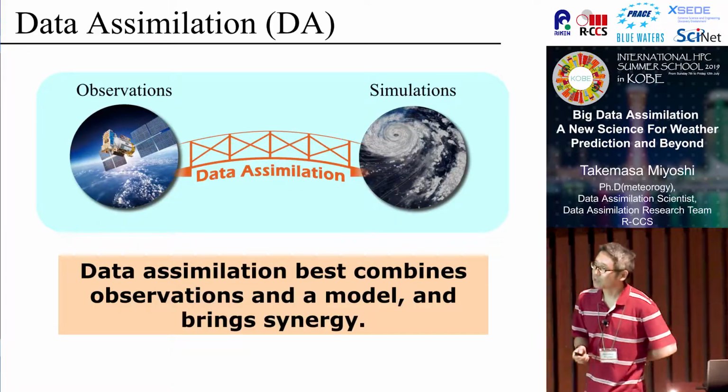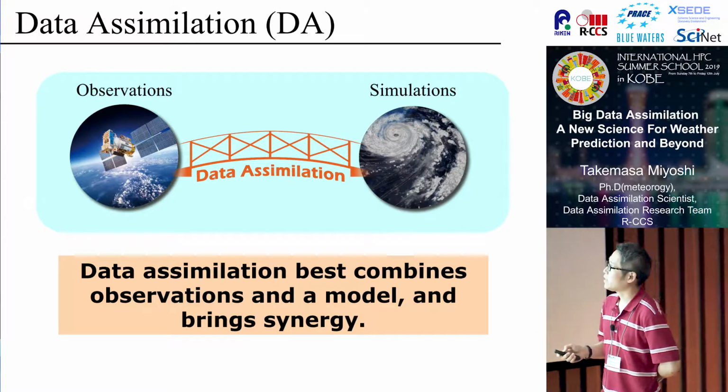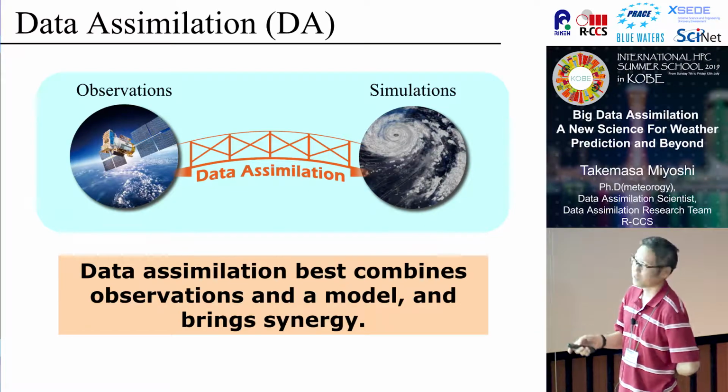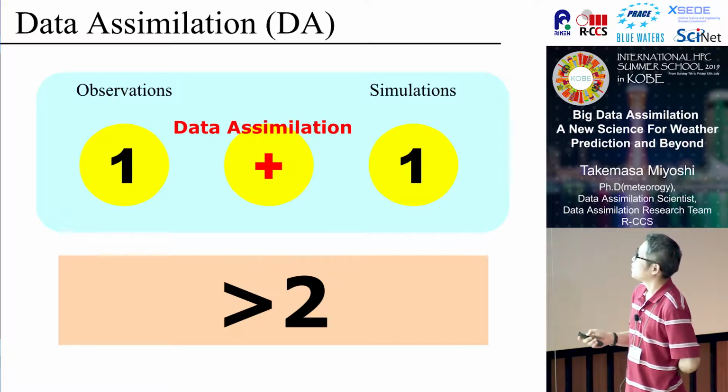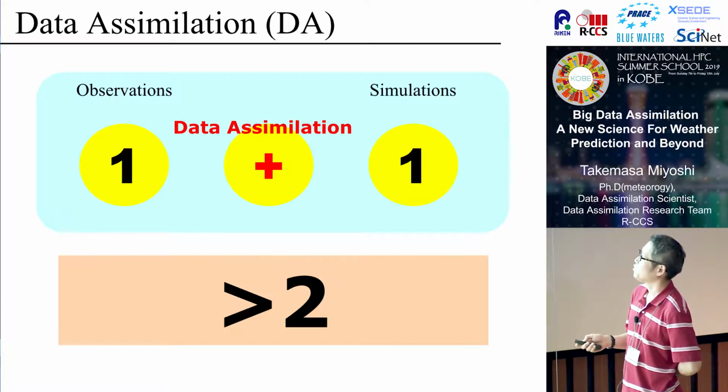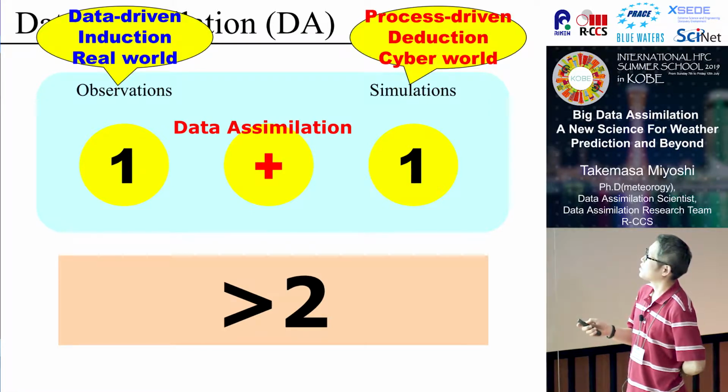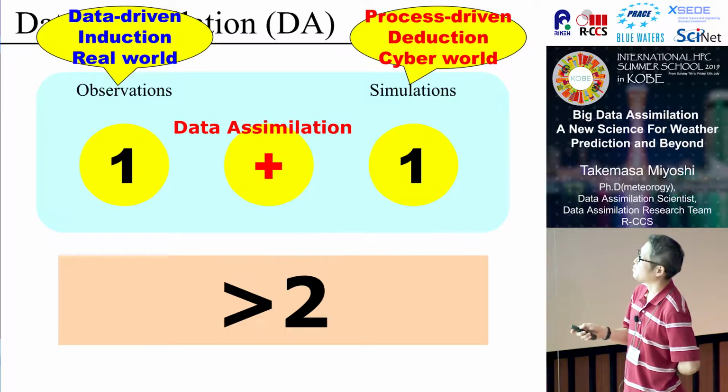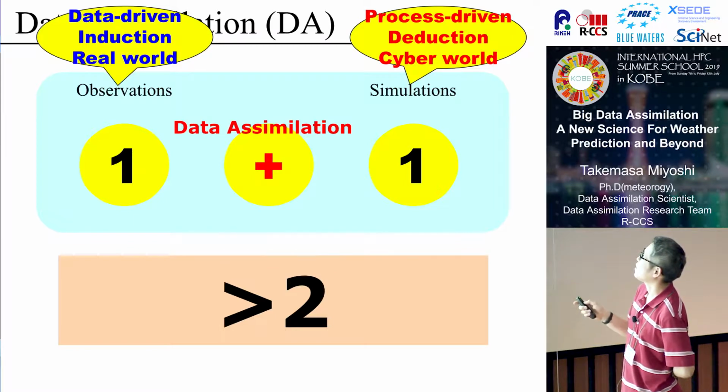So how can we do that? The general idea is to combine the simulation with the observations. Conceptually, we would like to add some value in each of these. This is data-driven, representing the real world, but this is again the cyber world, just virtual computations.